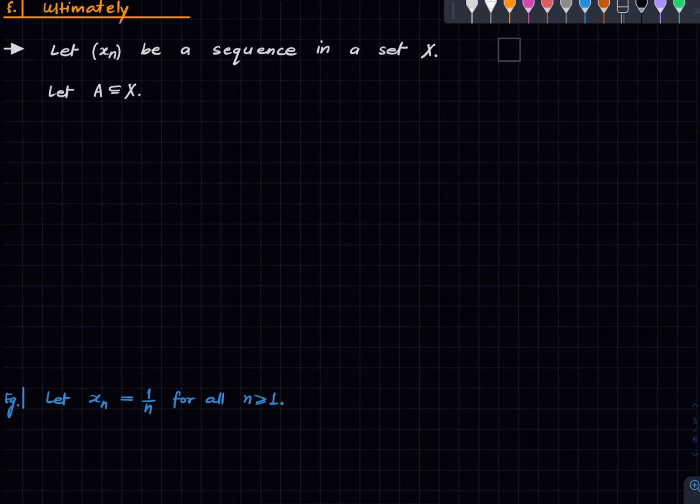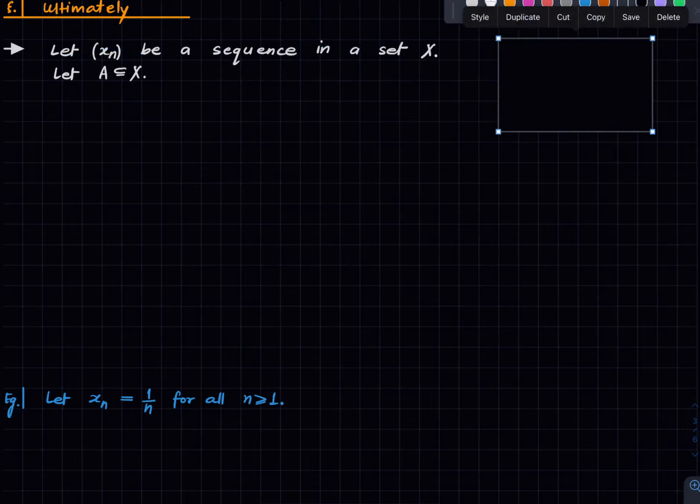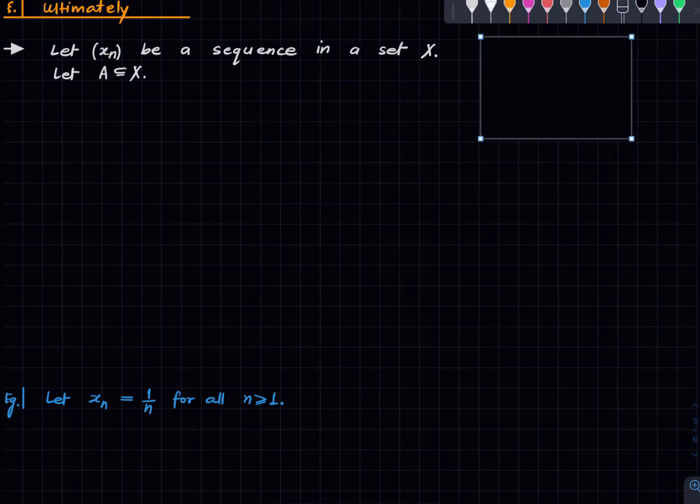So first, we will define this notion of ultimately. So fix a sequence in a set X and fix a subset of the set X. Okay, so just for the sake of a picture, we can draw one.